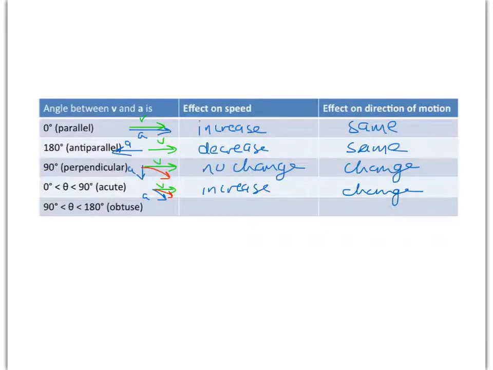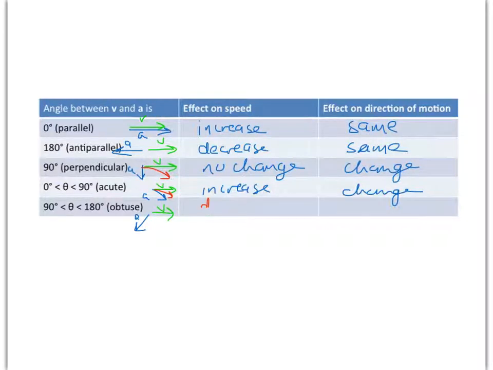All right, lastly, here's our velocity, and we have an acceleration applied at an obtuse angle, that is greater than 90 degrees. There's our acceleration right there. What's going to happen? Well, first of all, we're going to have a change in speed, but look, this acceleration is acting kind of against the direction of motion right here. There's a negative component of this acceleration with regards to the initial velocity, and so the speed is going to decrease.